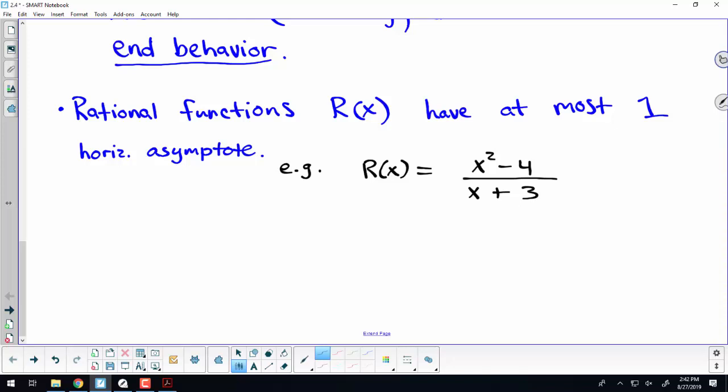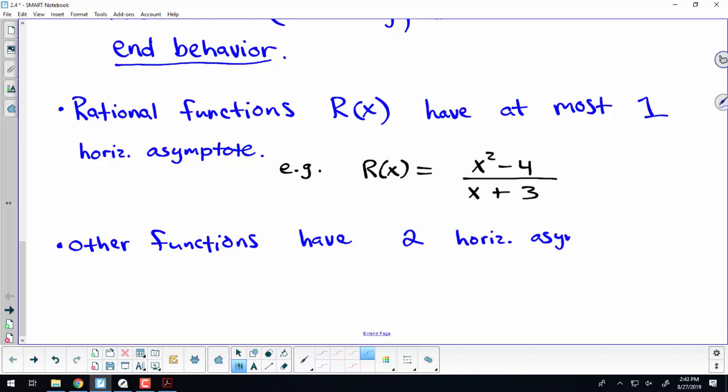Other functions have 2 horizontal asymptotes. So what's a function that you've seen that has 2 horizontal asymptotes? Population growth?